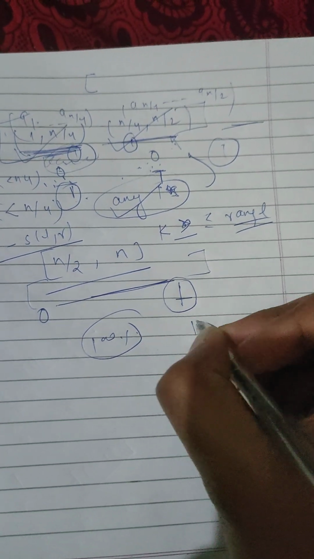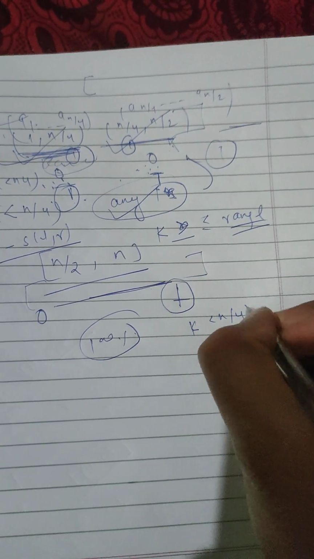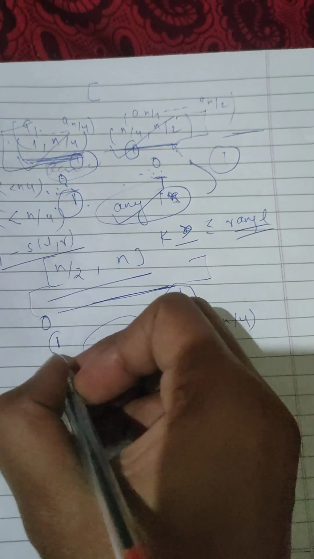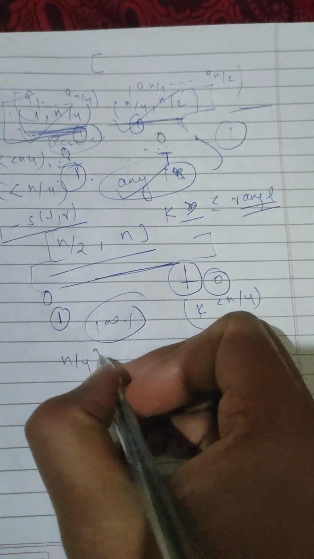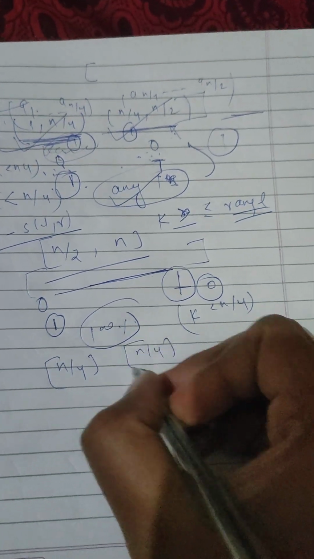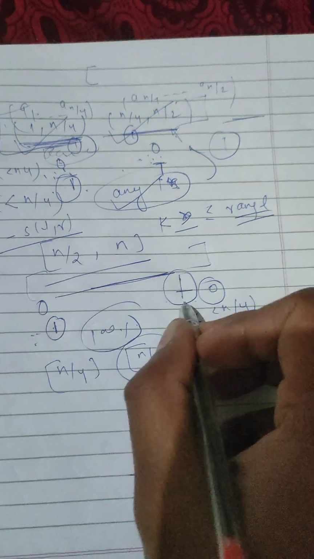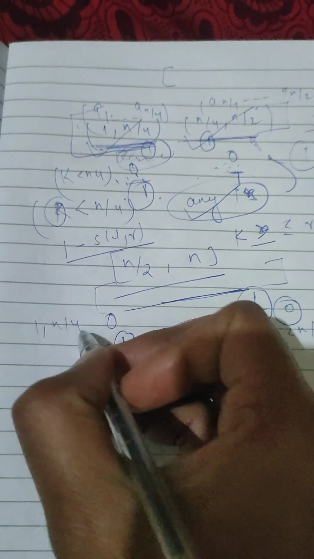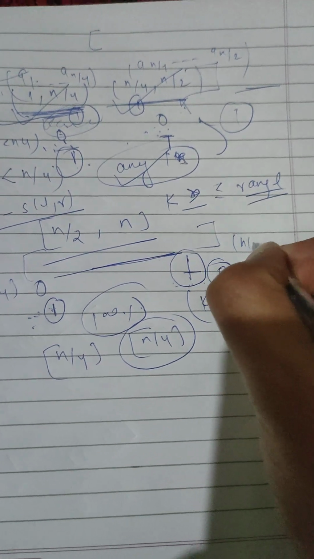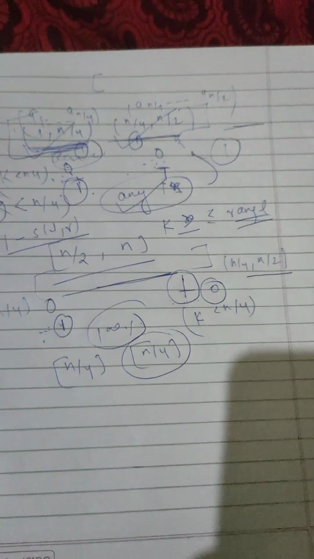Suppose again k is less than n by 4, that means we are getting a wrong answer. Then also, this one will be 1 and this will be 0, because both sub arrays' length is n by 4. So if we are getting wrong, then we will get wrong for both queries, 1 to n by 4 and n by 4 to n by 2, right?